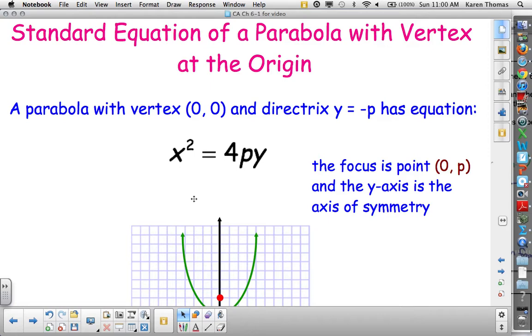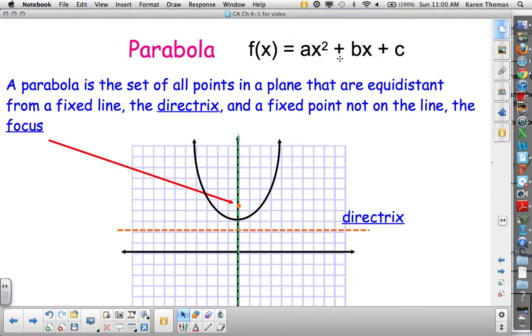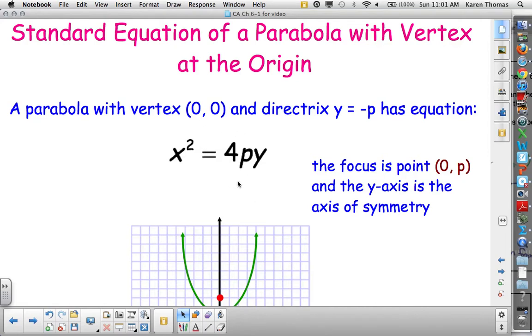I know it's a little different from ax squared plus bx plus c, but this equation can be derived from that equation using our distance formula. I'm not going to derive it for you. I'm just going to show you how to use this particular equation to find our focus, find our directrix, and to graph the parabola.